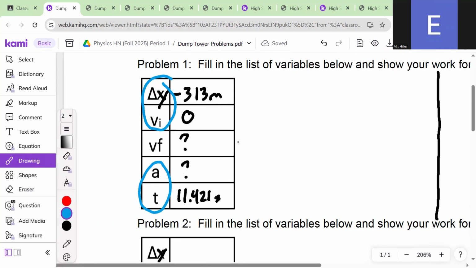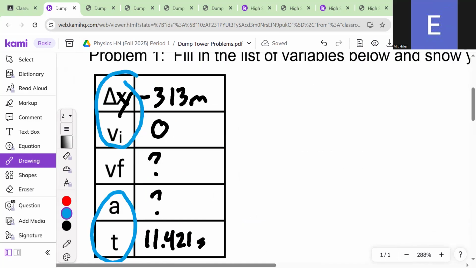Okay, so the equation that we're going to be working with would be delta y equals v naught times t plus 1/2 a t squared.